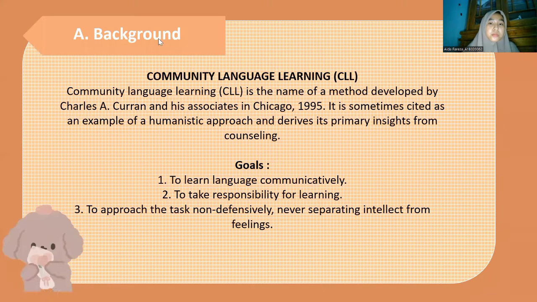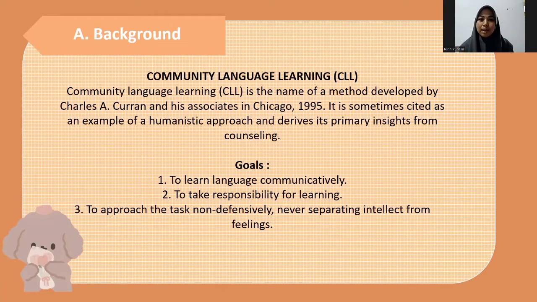Okay, thank you. The first, background of community language learning. Community language learning is the name of a method developed by Charles Curran in Chicago in 1995. It is sometimes cited as an example of a humanistic approach and derives its primary insight from counseling.